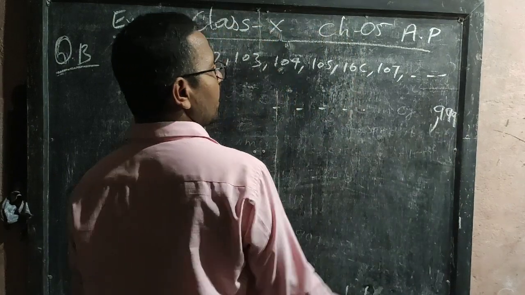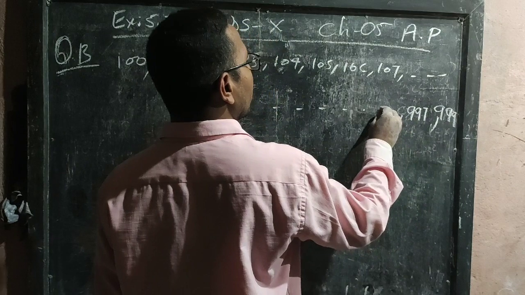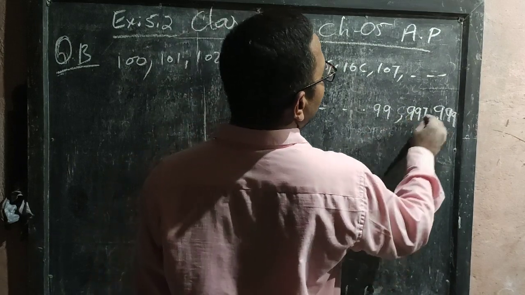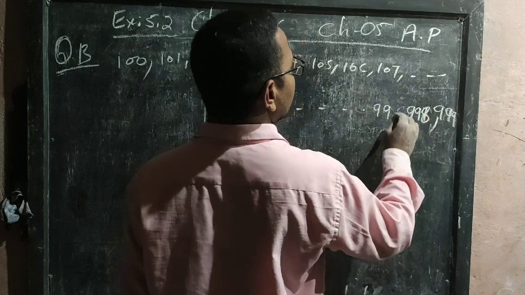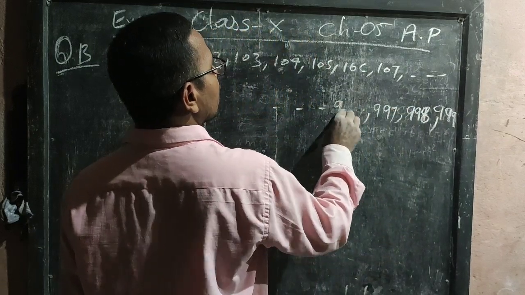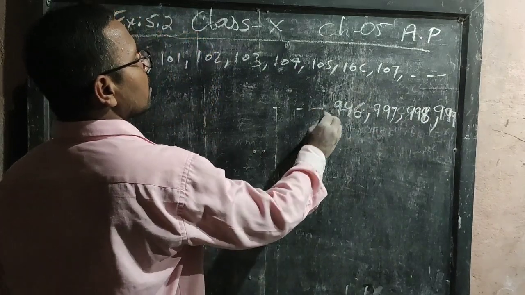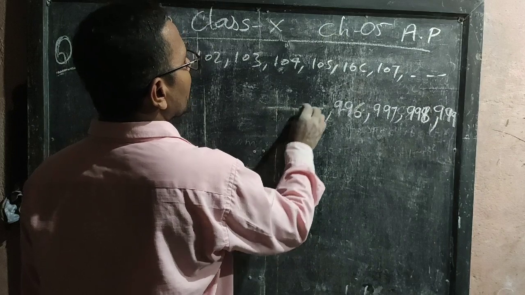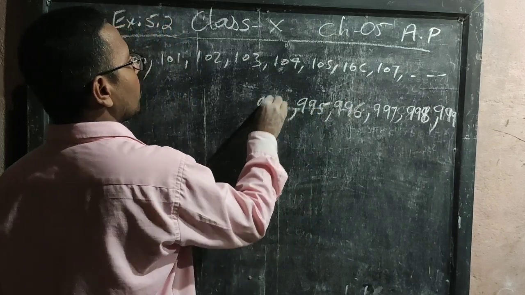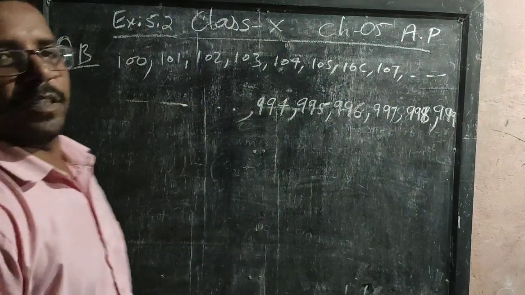Before 999 you get 998, 997, 996, 995, 994, like this. These are the numbers in between.